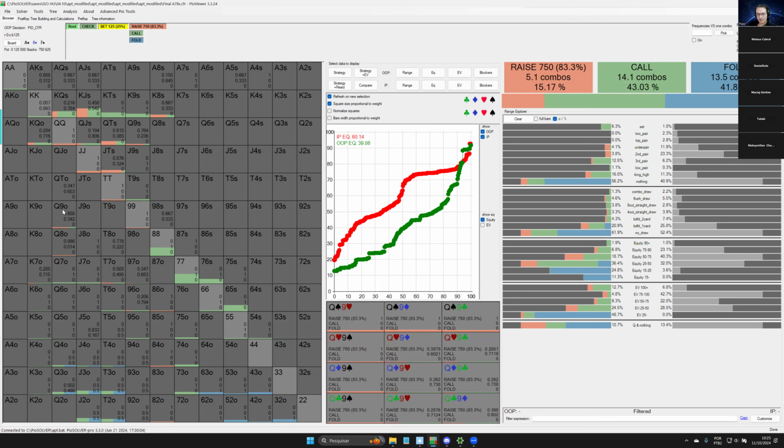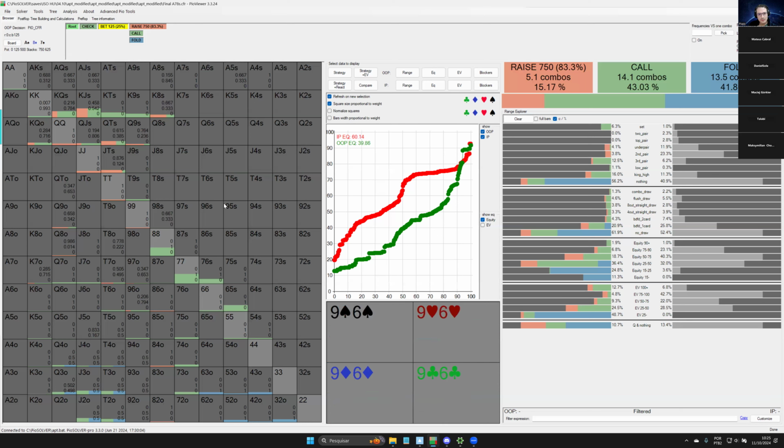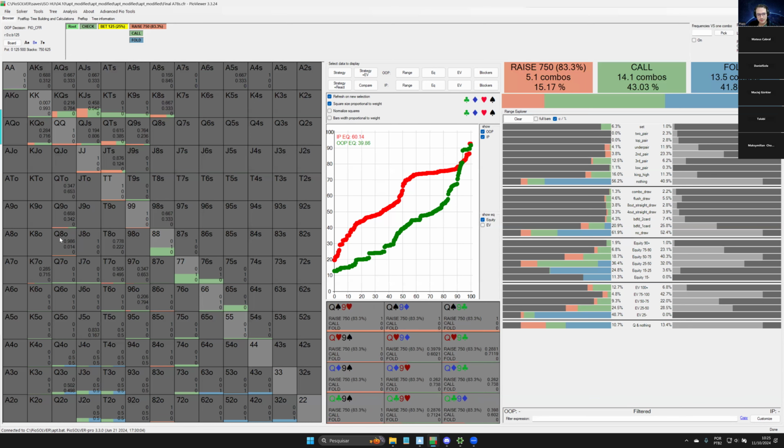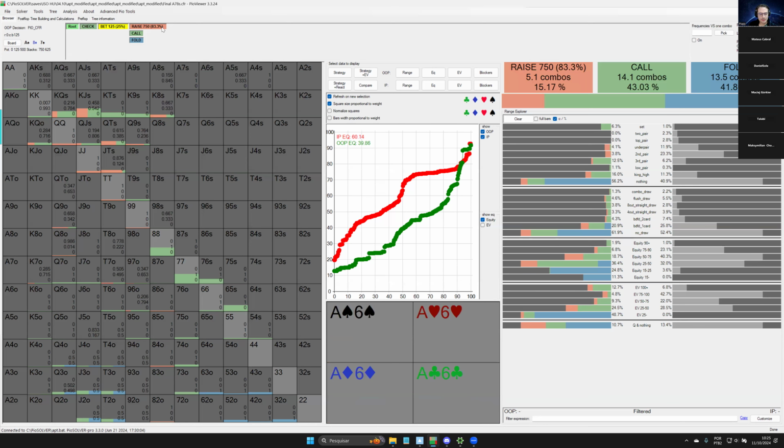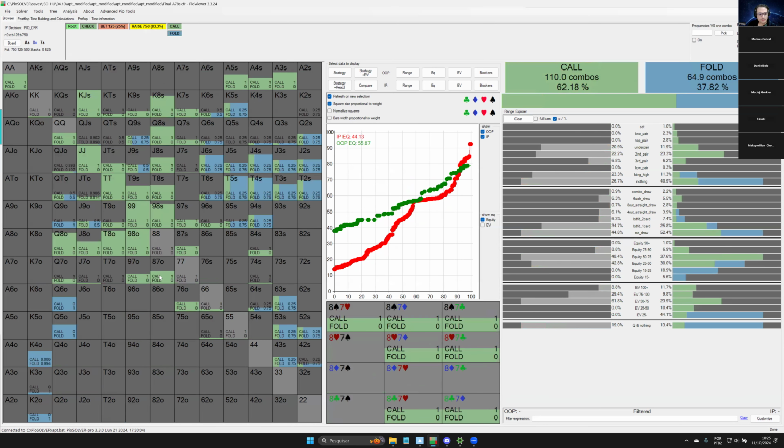Queen nine. Queen nine seems to be a particularly good bluff here with the backdoor flush draw. It's a pure bet. If you check queen nine here, it's going to be to raise, which is interesting, right? And this is where I think human players fail to do this stuff, right? They will tend to do value too much and maybe draws too much, but queen nine they don't catch it, right? So let's take a look at queen nine.